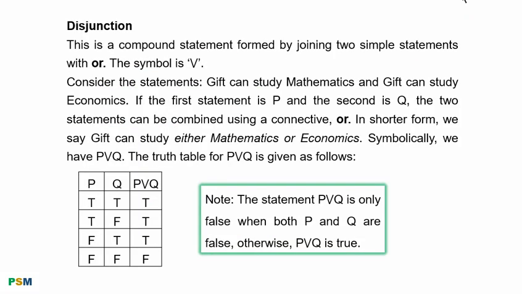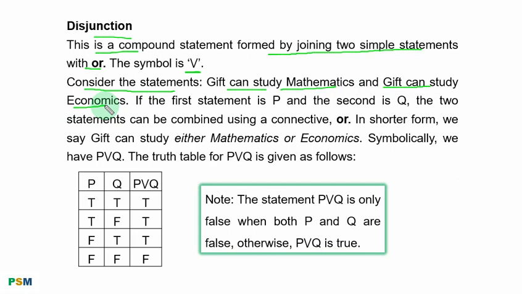The next connective is disjunction. This is a compound statement formed by joining two simple statements with "or". The symbol is ∨. Consider the statements: Gift can study mathematics and Gift can study economics.